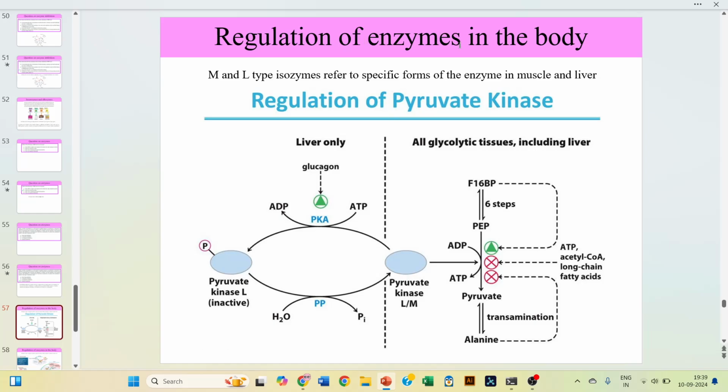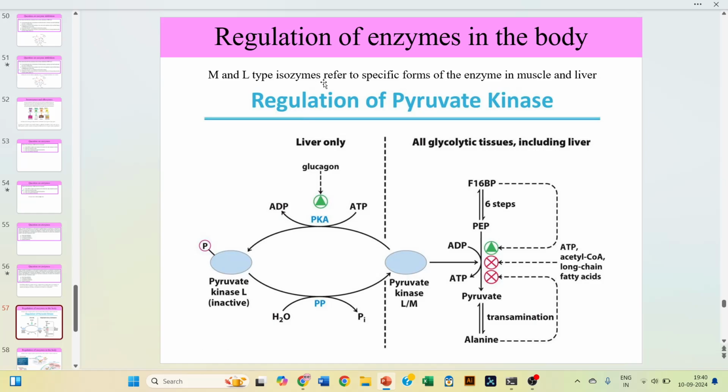And this is your pyruvate kinase in the liver and in the other tissues, for example, muscle. So see, it is regulated by the concentration of glucagon, and it is acting on the same substrates, but then it is regulated by different kinds of entities.